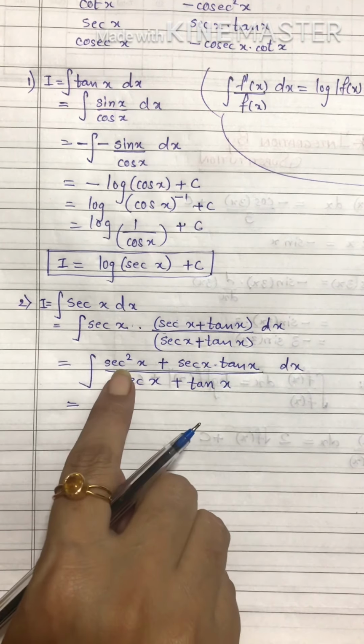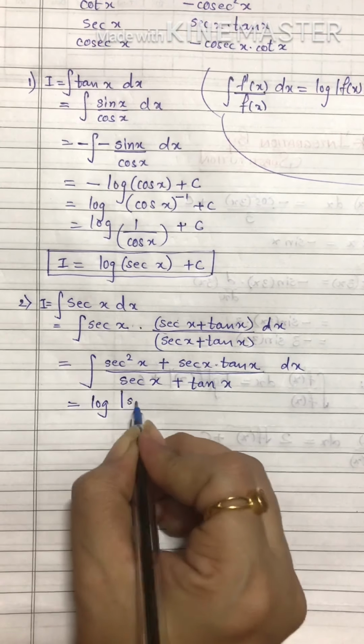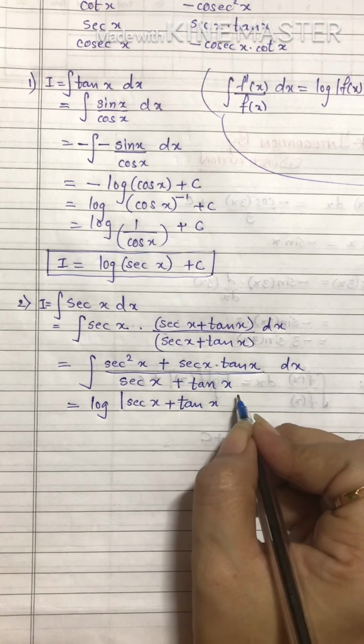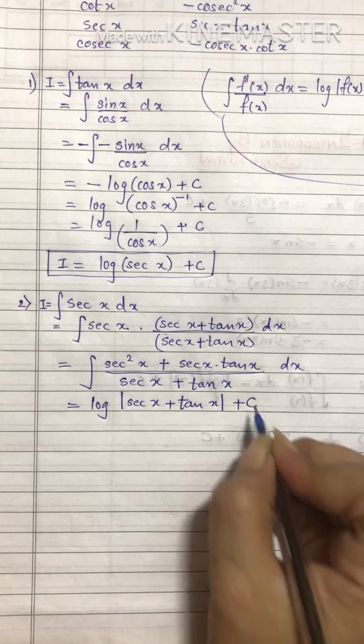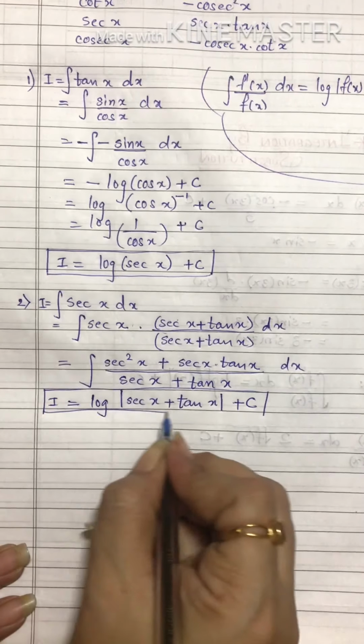So this is the pure form of integration f dash x upon f of x. So simply, we get log modulus sec x plus tan x plus c. So this is the answer for integration of sec x.